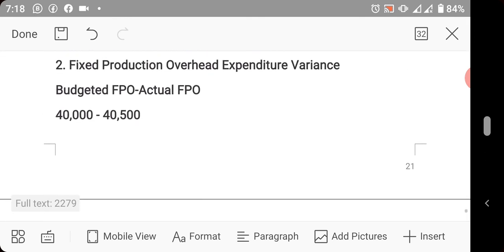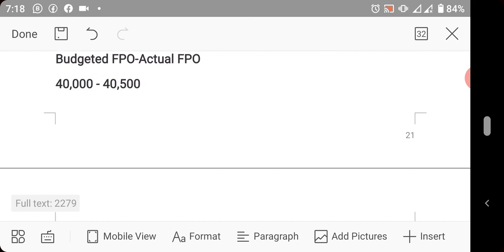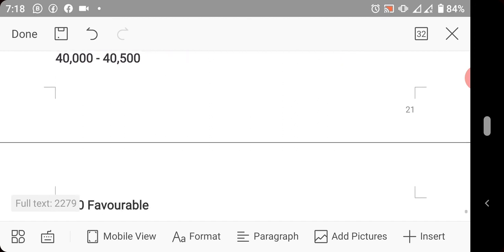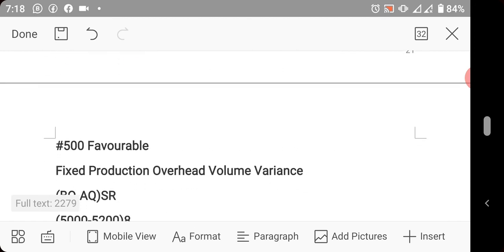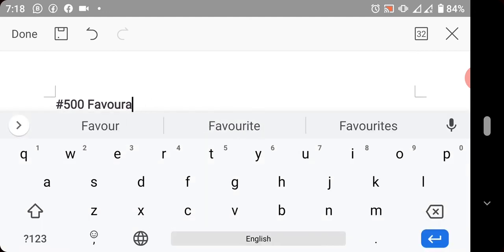So I think fixed production overhead expenditure variance, which we did here, the 500, since we budgeted 40,000 and actual was 40,500, this 500 should be adverse. But I will investigate it. It should be adverse.